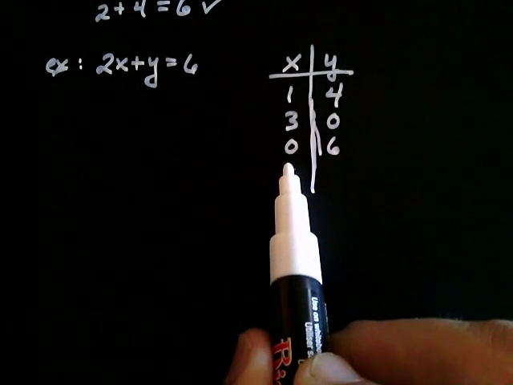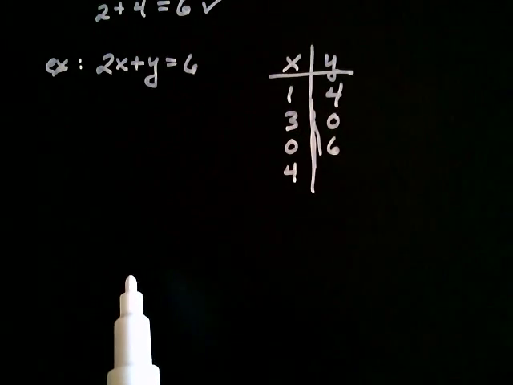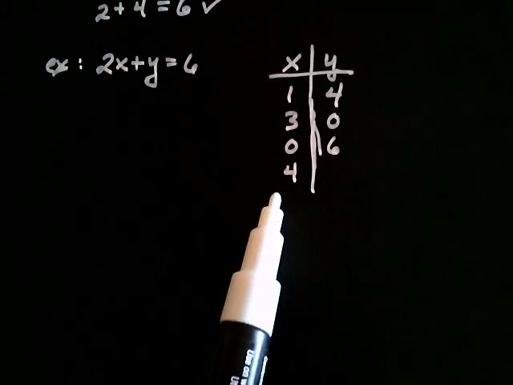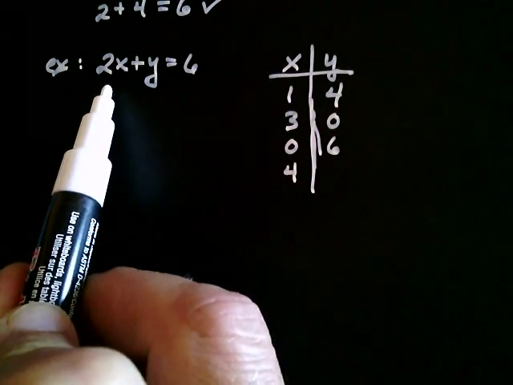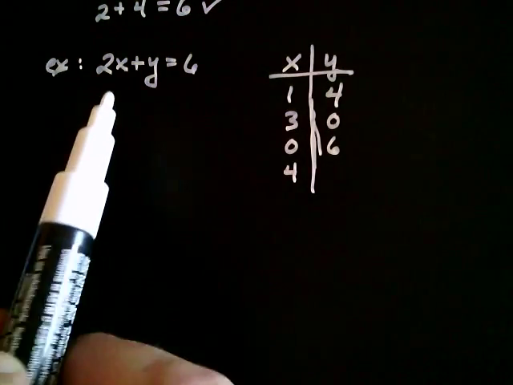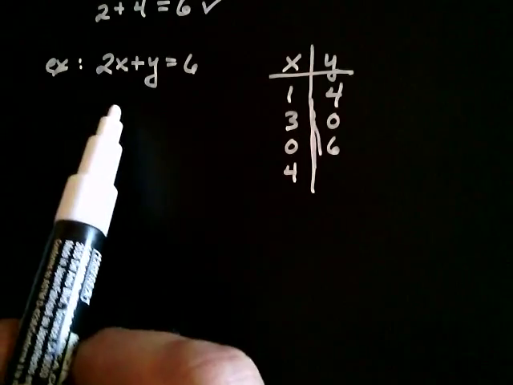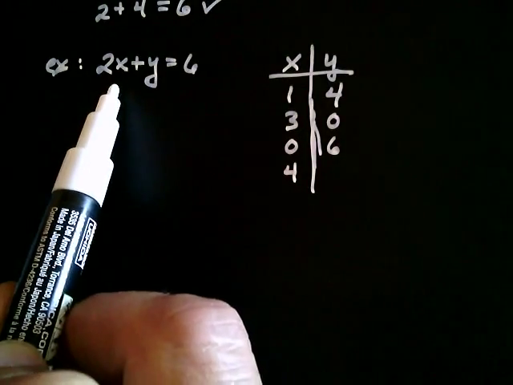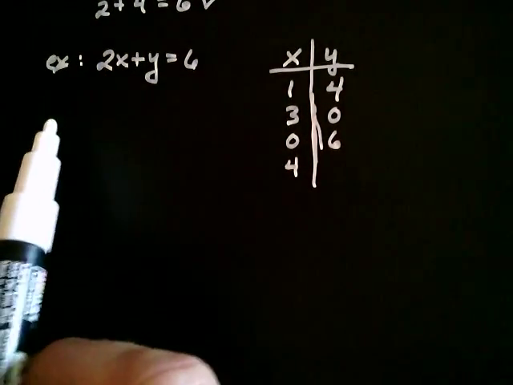What if I chose something like x is equal to 4? Well, it's not as easy, right? Because if I plug in a 4 here, then I have to think about what y has to be. If I actually want to write that out, here's what I'd do.